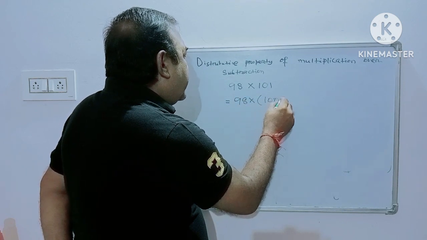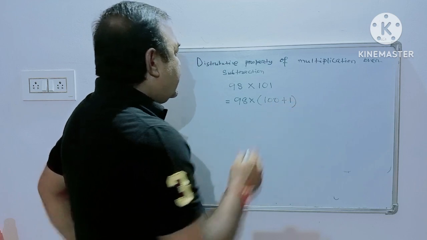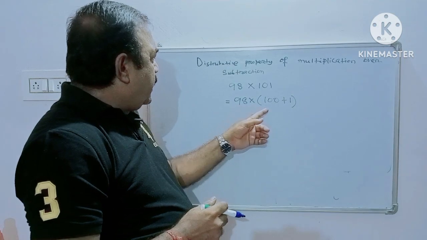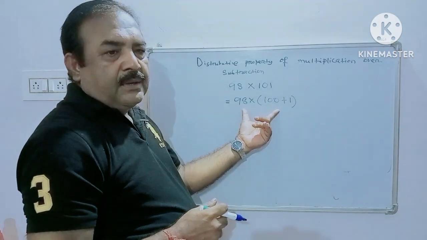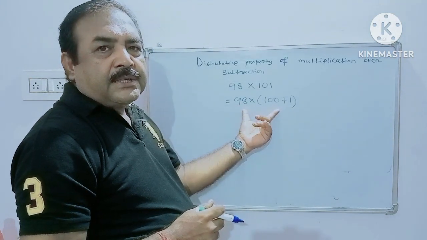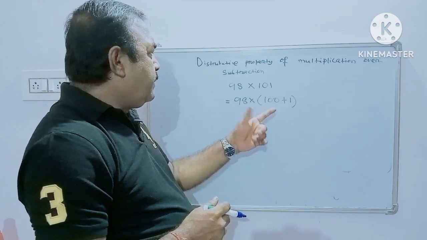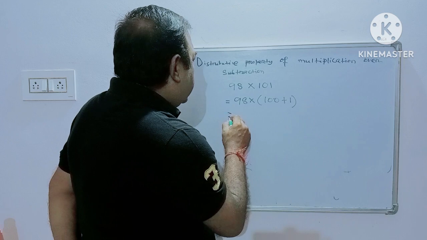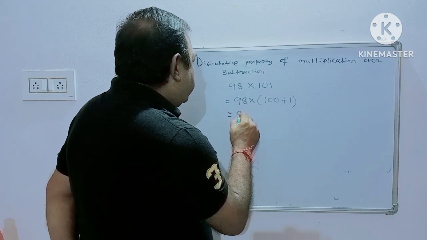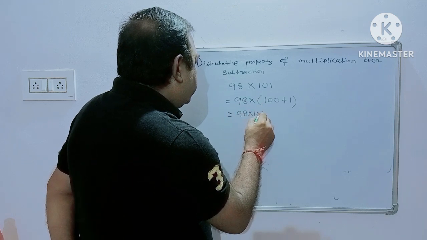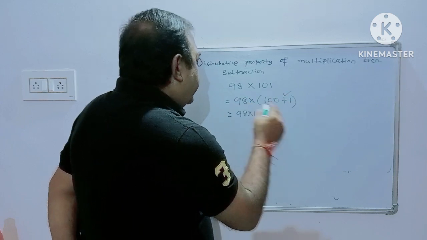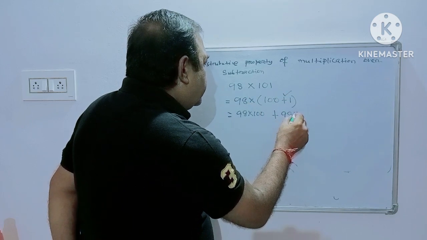We may convert it into 100 plus 1 like this. So you see A whole into B plus C, that is the distributive property of multiplication over addition. We may convert it. It will be easier. That is equal to A into B plus 98 into 1.